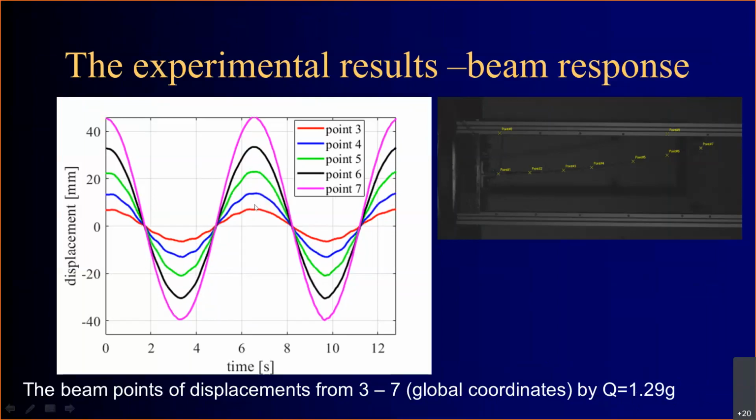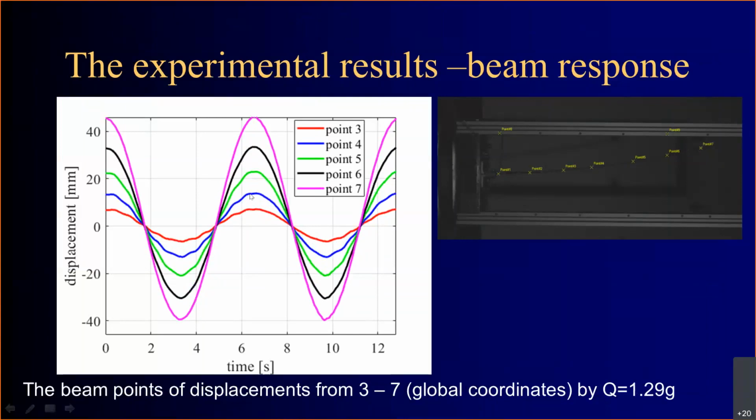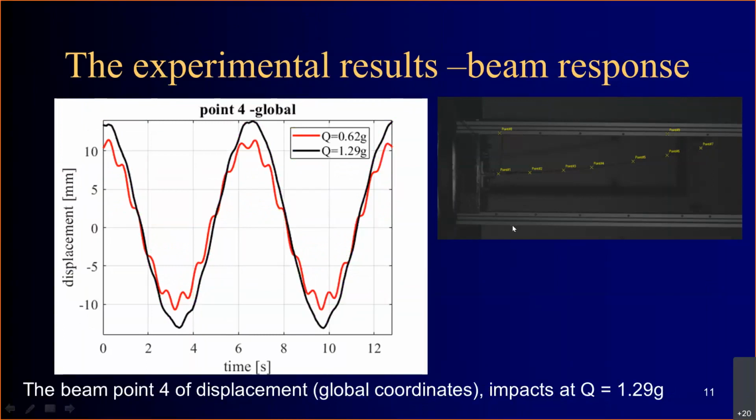We can say that here there are some high harmonics of the points from 4 to, let's say, 6. So there are high harmonics of these points of the beam, but if the impacts occur, it looks smoother, and the high harmonics are disappearing, I would say. So now in this slide, the response of the middle beam point, only point 4, is reported.